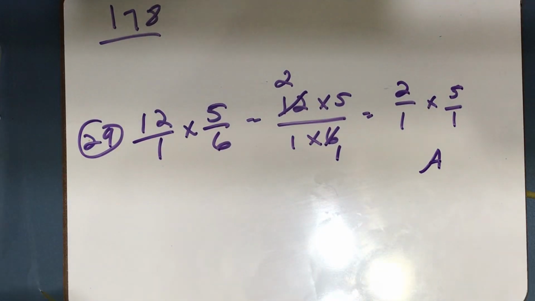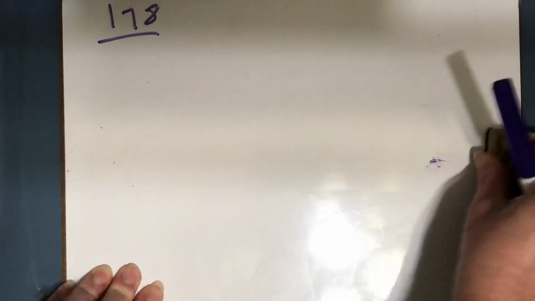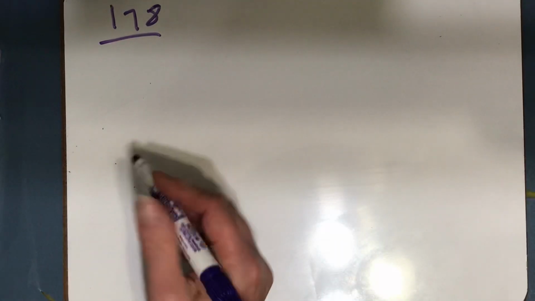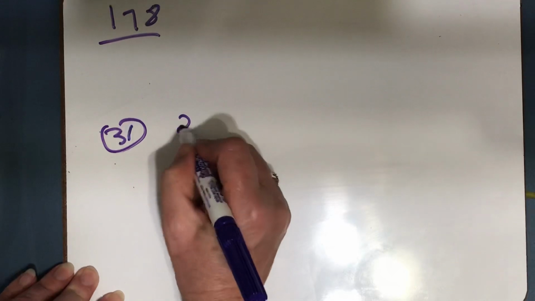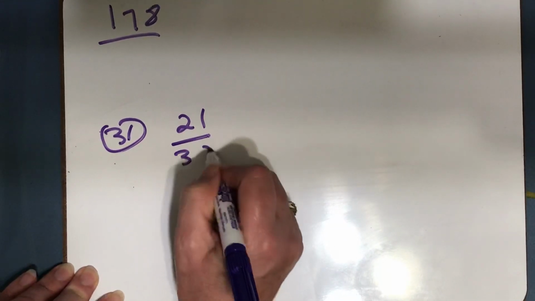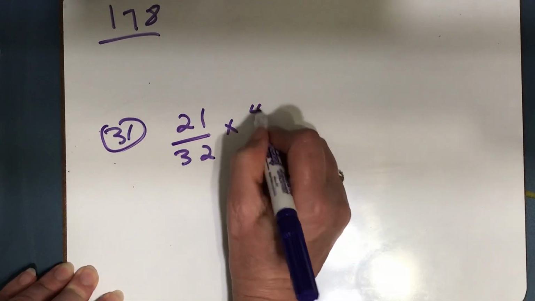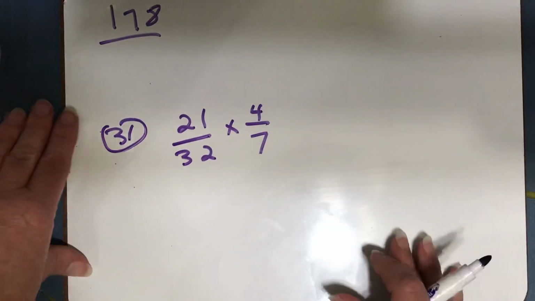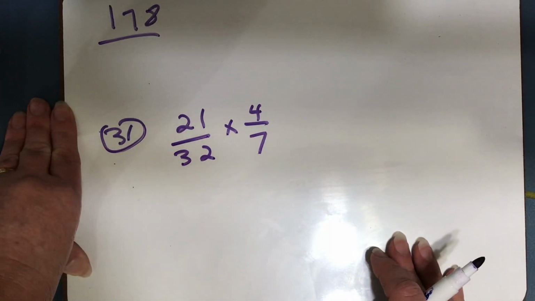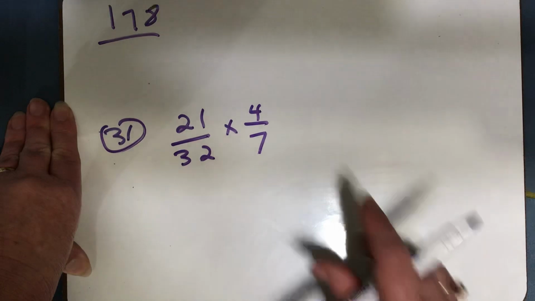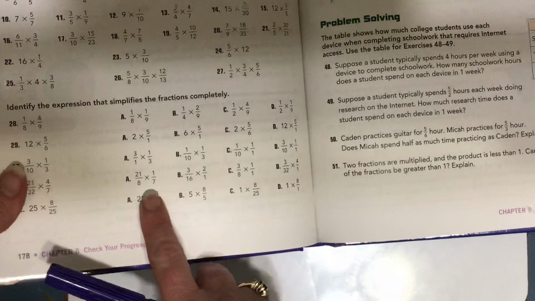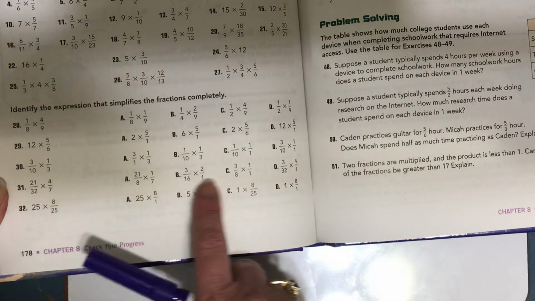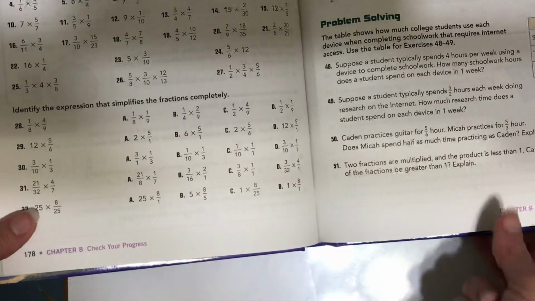Let me do one more of those. I'll do number 31. 31 is 21/32 times 4/7. Remember, you are not actually multiplying. You are just simplifying and choosing the letter that shows the fractions completely simplified before multiplying.